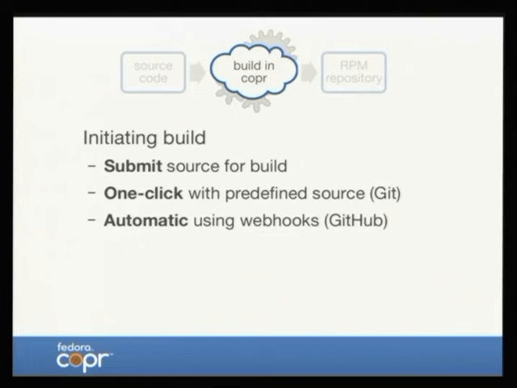You can submit the source as usual, as before, and then you can store the information about your build in Copr and do a build with just 1 click with no submitting everything, or automatic builds using webhooks. This is now supported on GitHub only, and I will show you in the demo how to do that.